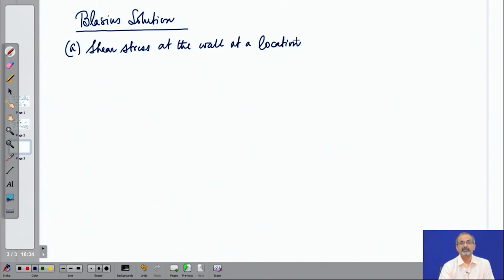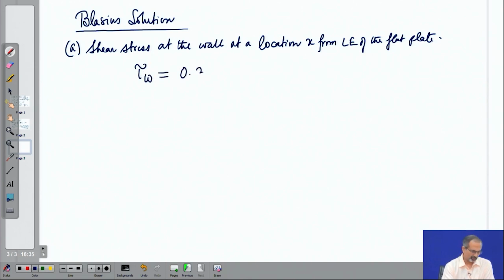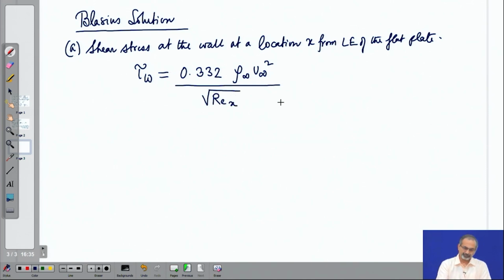We are first looking at an expression for shear stress at the wall at a location x from the leading edge of the flat plate. From the table of values from Blasius's solution, the expression for the shear stress for laminar incompressible boundary layer comes out to be this.